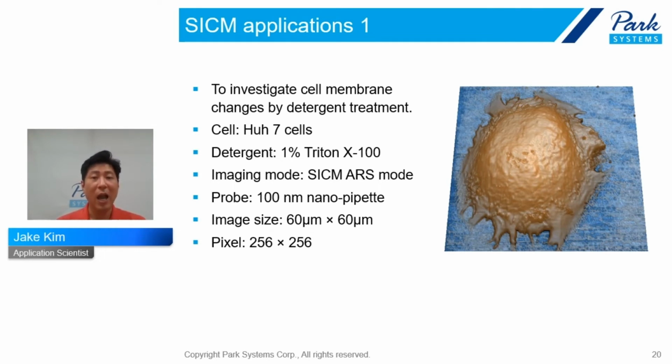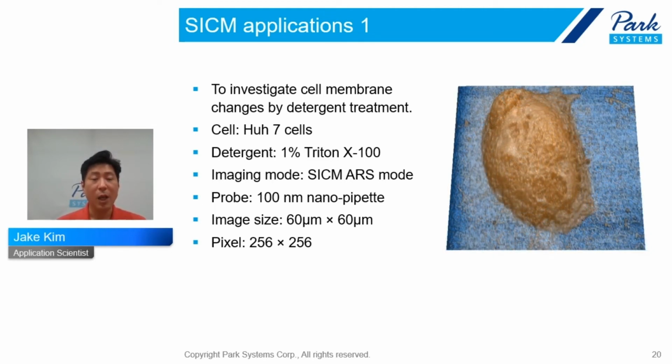That means how detergent affects the cell membrane. We used 1% Triton X-100 for detergent, and the SICM ARS mode with a 100 nanometer nanopipette was used for SICM imaging.